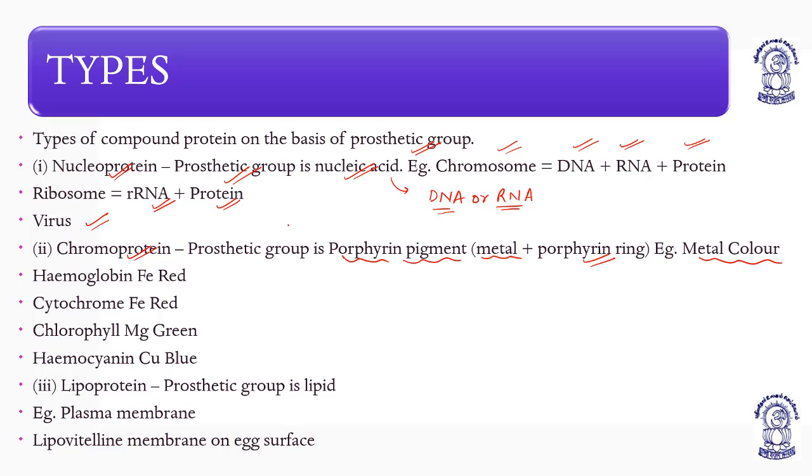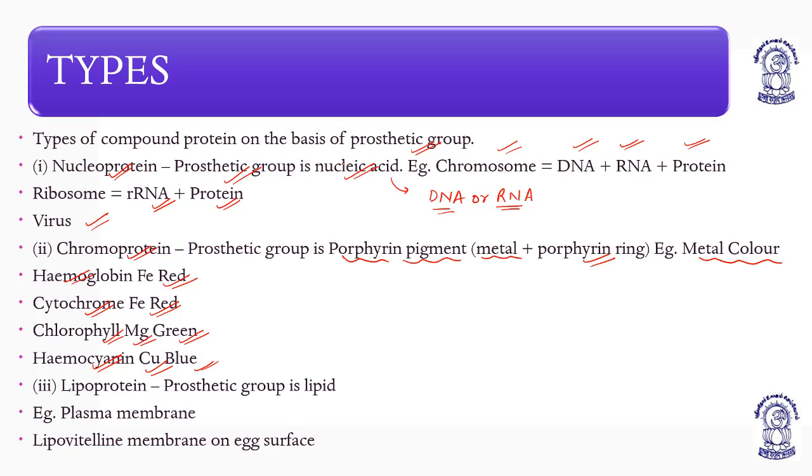Example, metal and color. Hemoglobin, iron, red. Cytochrome, also having iron, which is also red. Chlorophyll has magnesium, which is green. Hemocyanin has copper, which is blue. So you can see that chromoproteins have a prosthetic group which is a porphyrin pigment. Please remember, metal plus porphyrin ring.